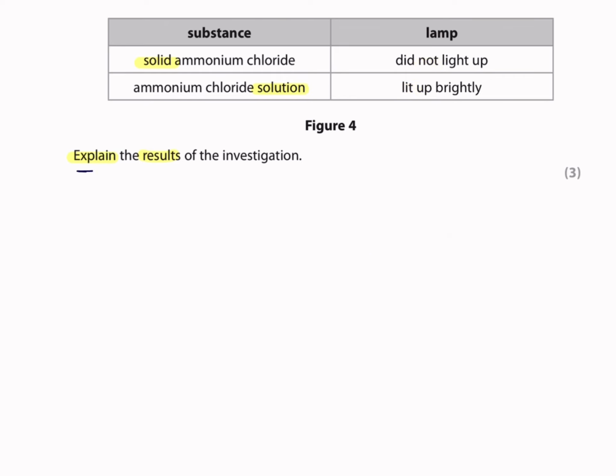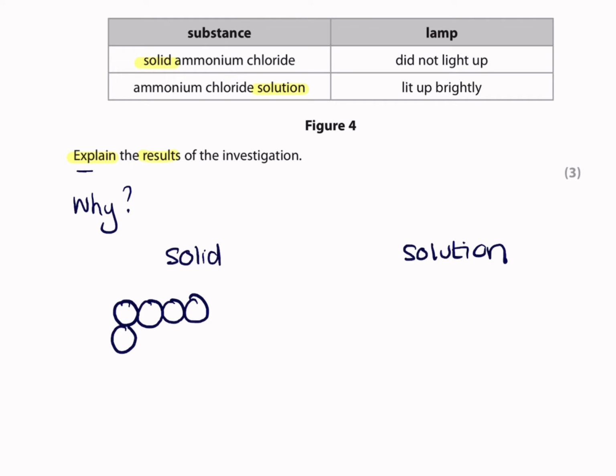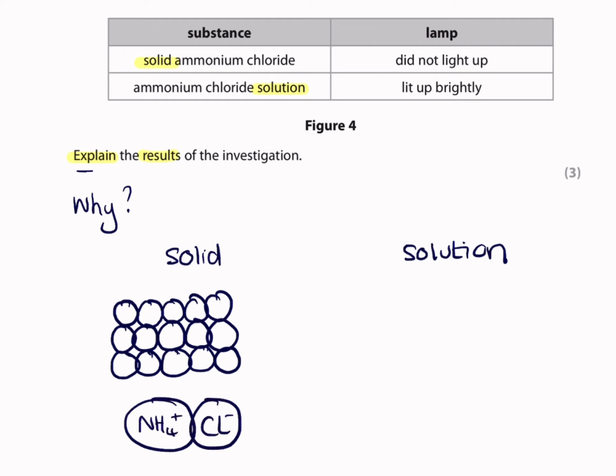We then need to go on to explaining a little bit now for the next 2 marks. So let's look at why that happens, why the solid doesn't conduct electricity but the solution does. So you've got to think back to structure. And remember, in a solid you've got all the particles really tightly bound together. They're not moving. And in this case, because we've got ammonium chloride, we're talking about ions.